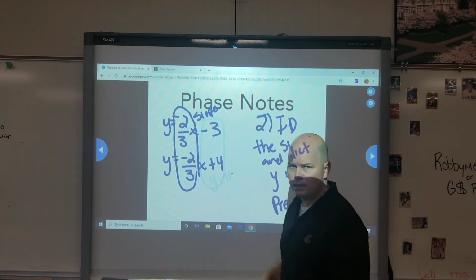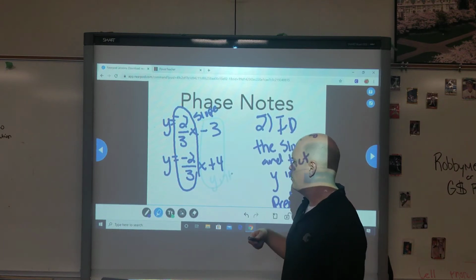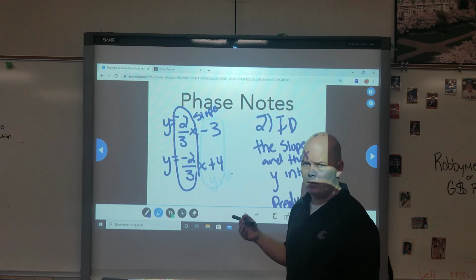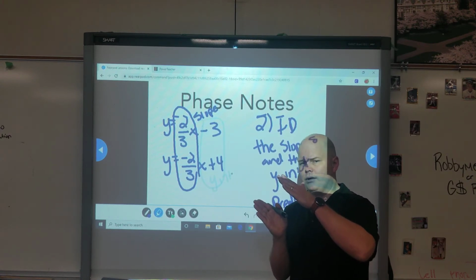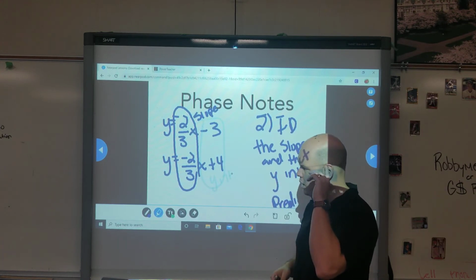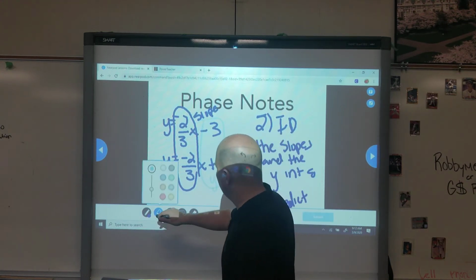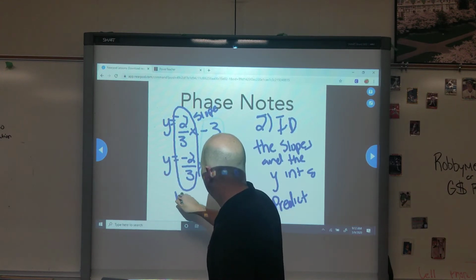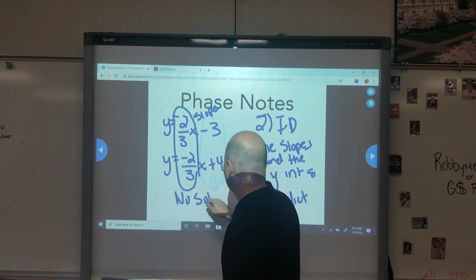So I'm looking at a situation where I have the same slopes but different y-intercepts. What that tells me is those lines are parallel because they're moving in the exact same direction out into space, but they're crossing the y-axis at different spots. So they're parallel lines, which means there should be no solution. That's my prediction.